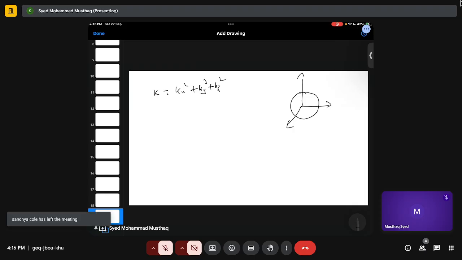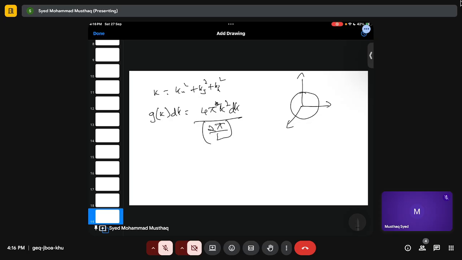Then my g of k dk will be equal to 4 pi k square dk upon (2 pi by L) whole cube. And I know E equals h cut square k square upon 2m.